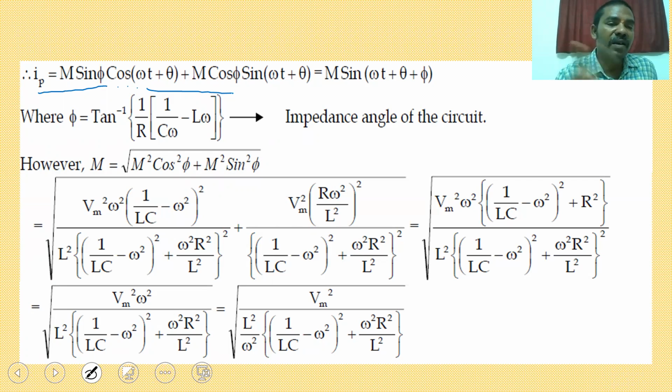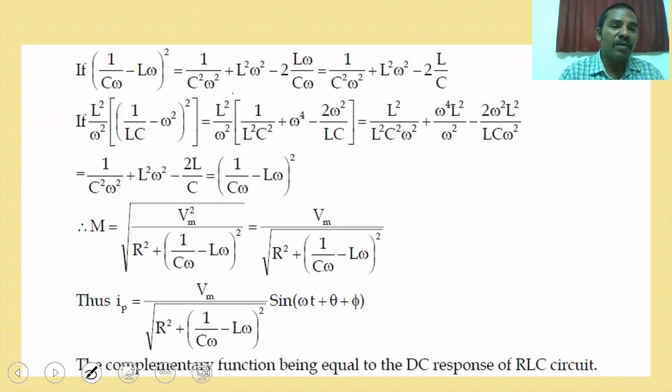That value is the M value, and φ is tan inverse of (1/(Cω) minus Lω) divided by R. Like that you have to calculate the value of M.